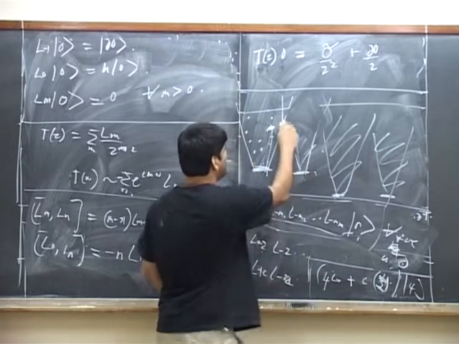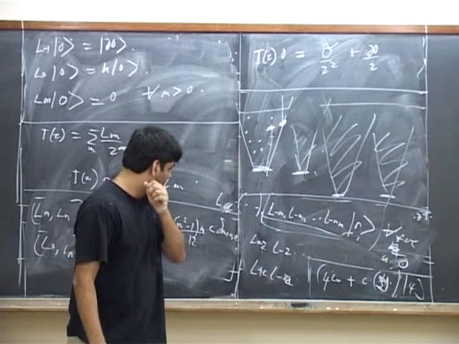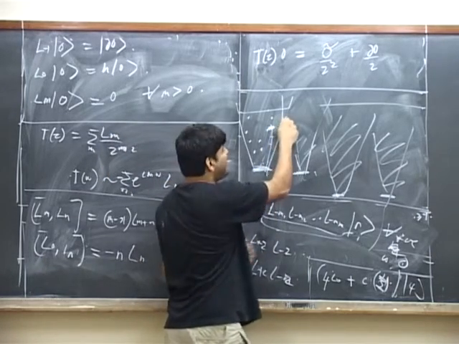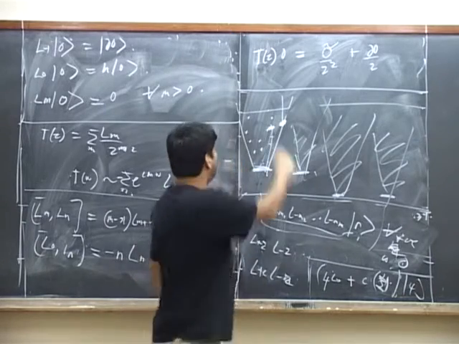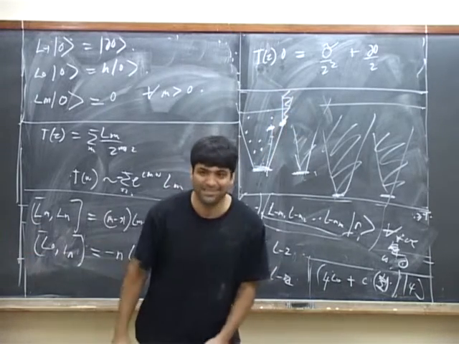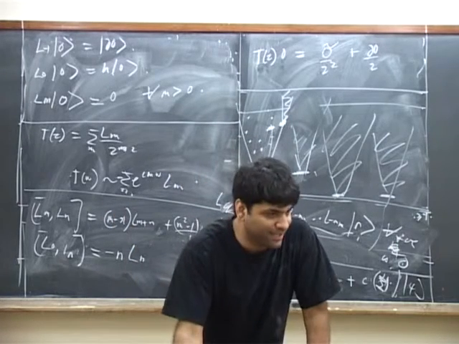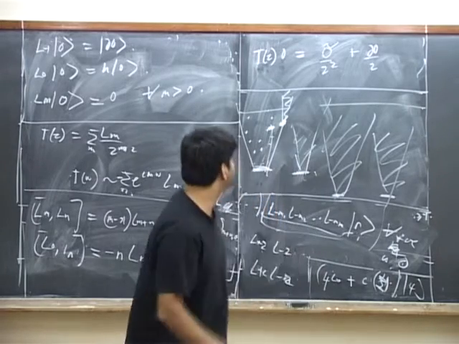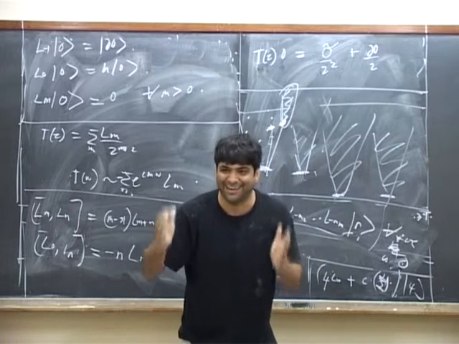Whenever this happens, this state has 0 norm. This state and all its descendants have 0 norm. So if you're really interested in a unitary quantum field theory, where no physical states are allowed to have 0 norm, you should delete these states from the spectrum. Those states aren't really there.